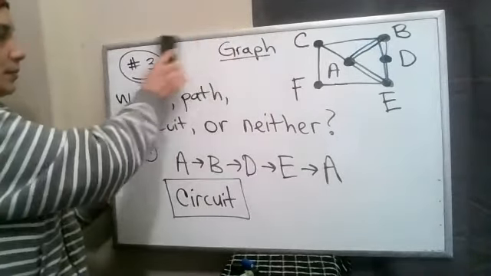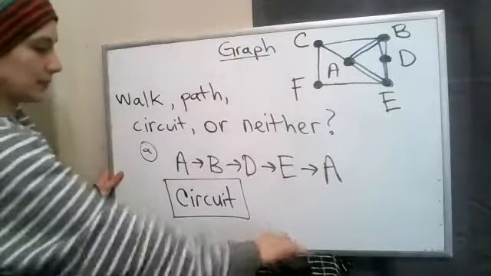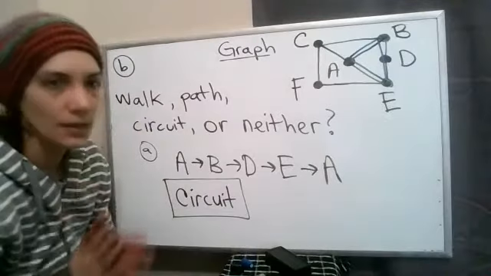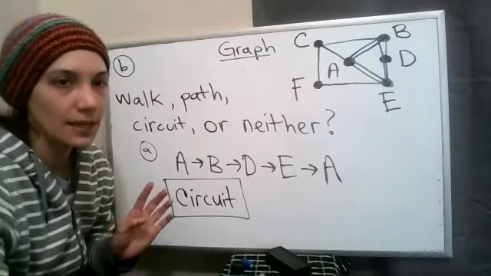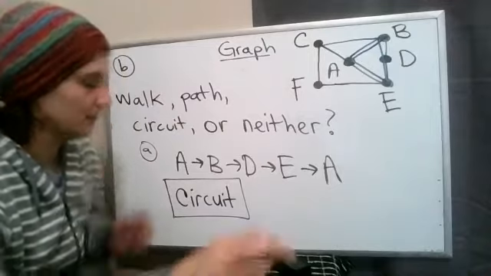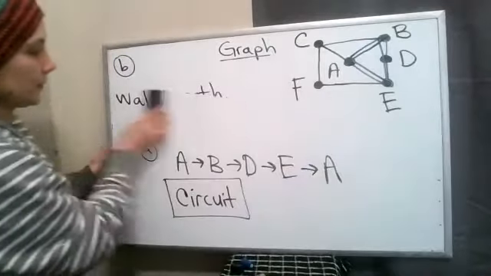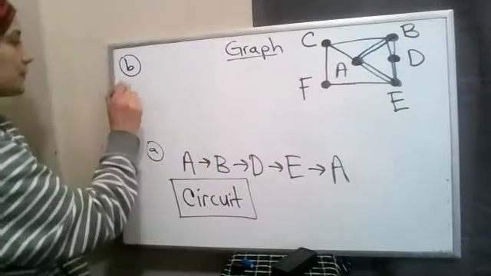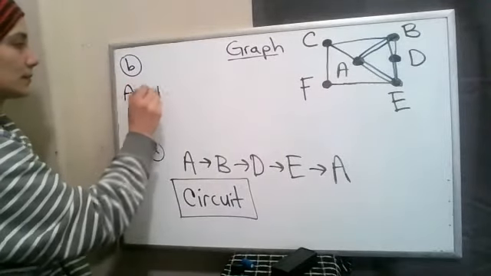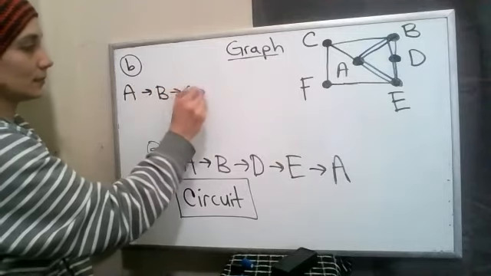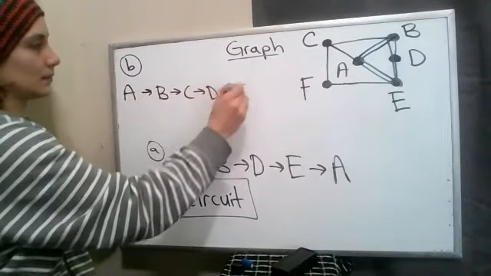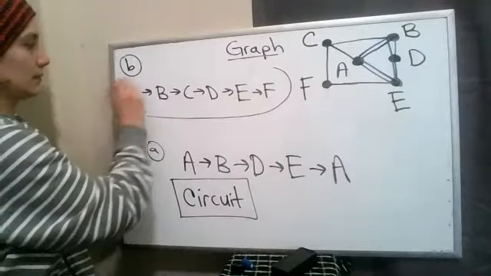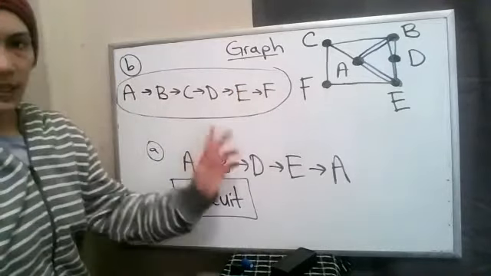Okay, part B. It's going to be A, B, C, D, E, F. So we've got a sequence.